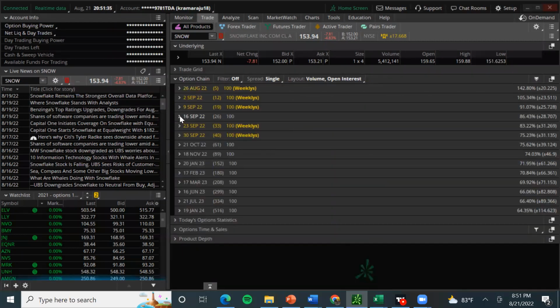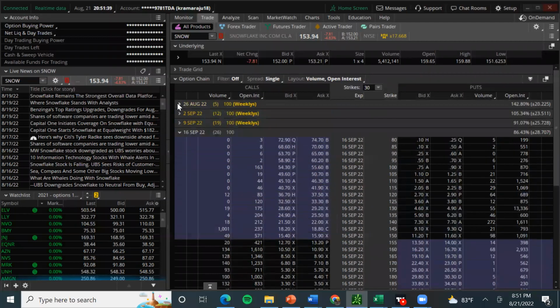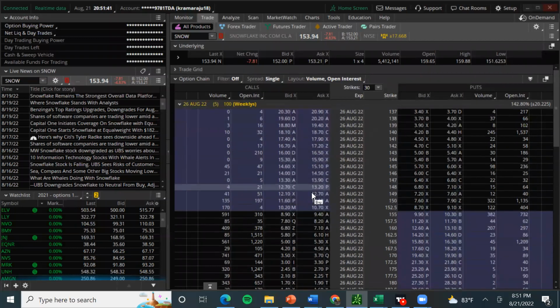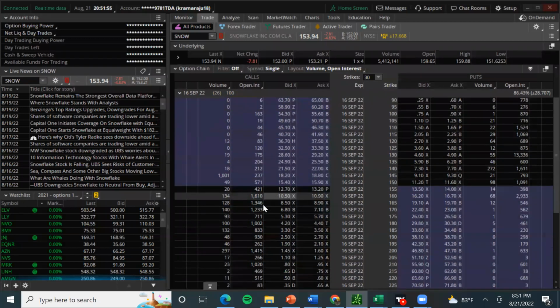And if you look at 16 September, because if time is less, your theta decay, your time value, will eat your premiums. If tomorrow it is not moving, your premiums will be reduced by some amount. But if you take 16 September, you have huge premiums: 1610 for 160, 1346 open interest, 1233.